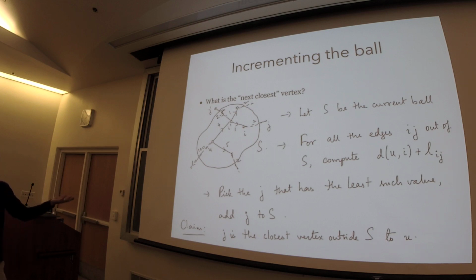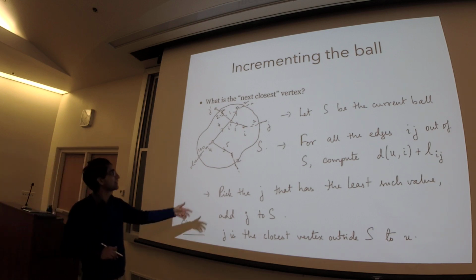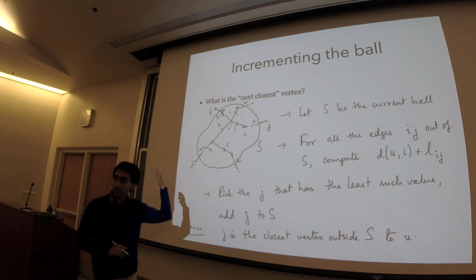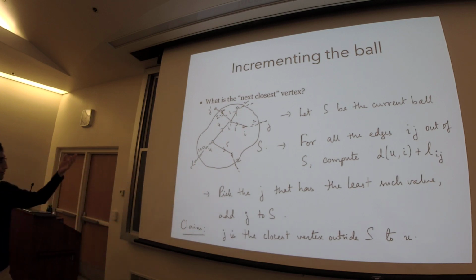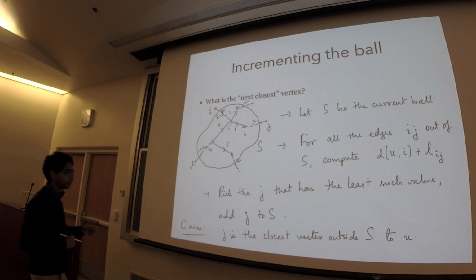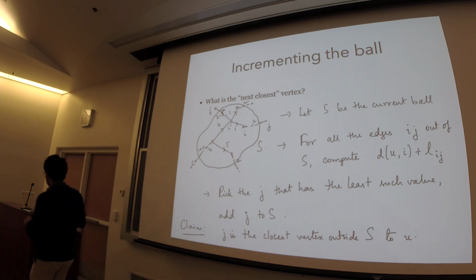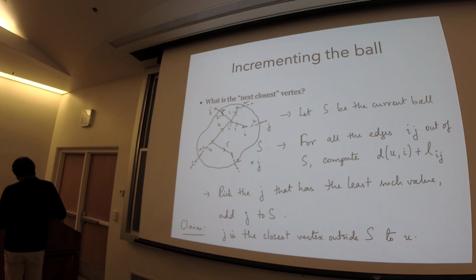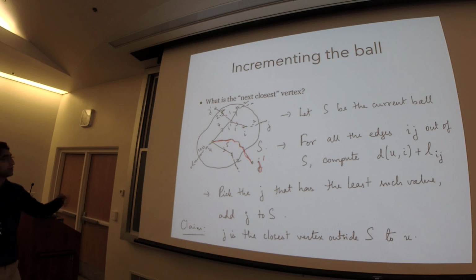The way you prove such claims is by contradiction, right? If there is a different vertex J prime that's closer to U, so let's take any vertex J prime that is closer to U, there must have been some path going from this to this, okay?